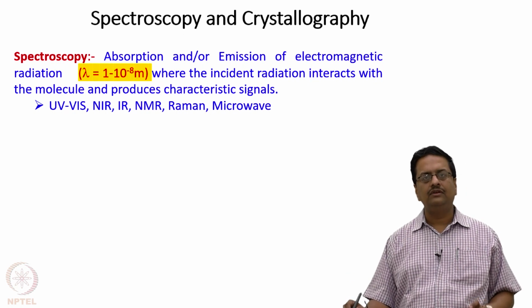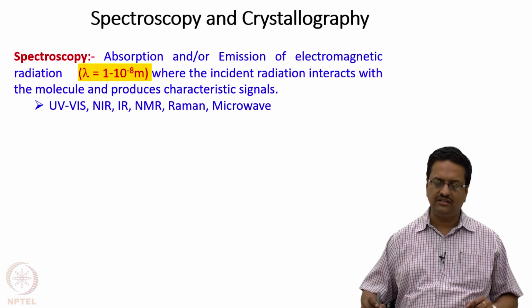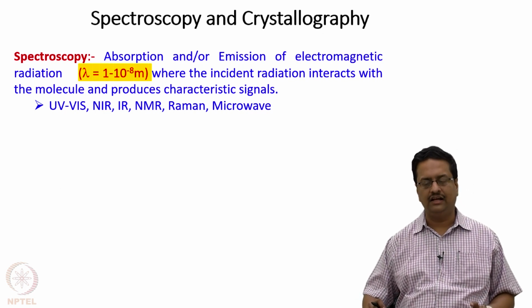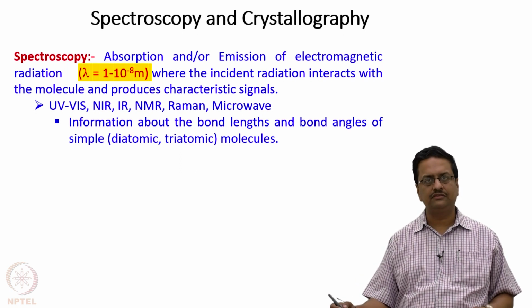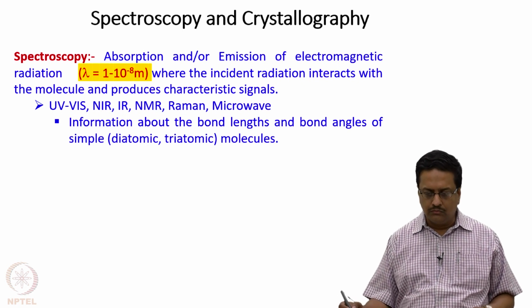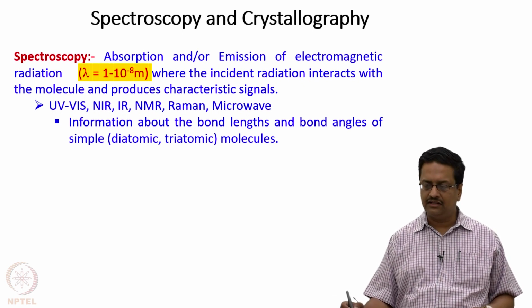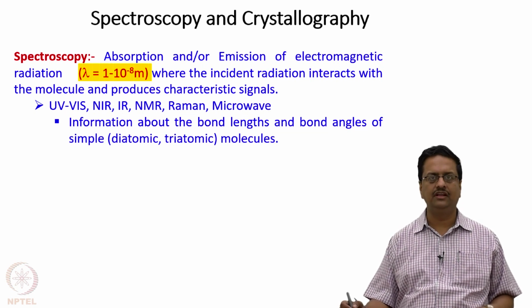The common well-known examples of different spectroscopic techniques are UV visible spectrophotometry, near IR spectrophotometry, IR spectrum, NMR, Raman, microwave. All these different spectroscopies are used to get the bond lengths and bond angles of very simple molecules like diatomic and triatomic molecules.